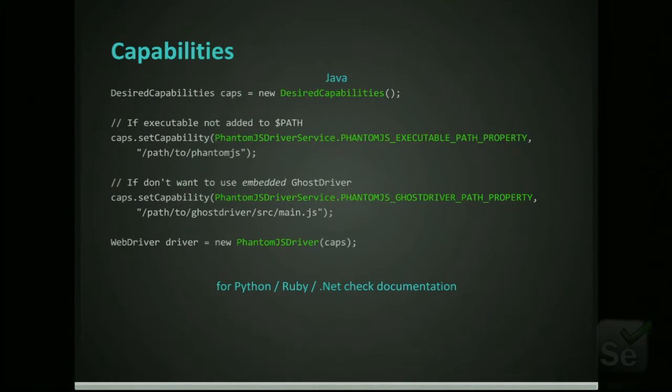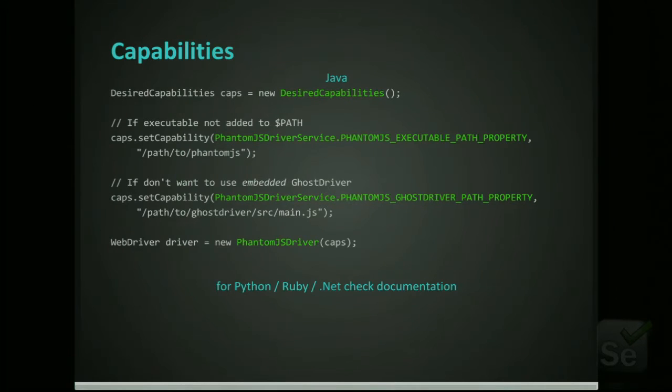Now, as any other driver, it supports the standard capabilities, stuff like if you want to enable or disable JavaScript or all other kinds of capabilities. But both for development purposes and also because you might want to, there are extra capabilities that the Foundation.js driver supports that you can pass to the driver so that then it's reached to GhostDriver and GhostDriver knows how to deal with it.